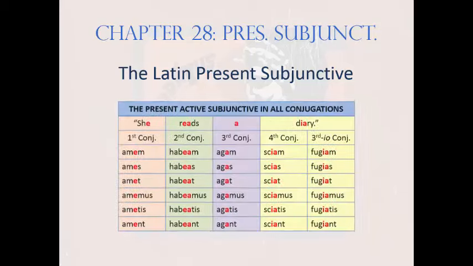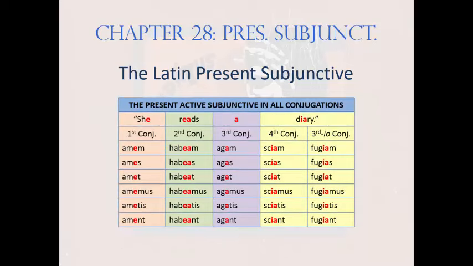Here's a chart. Love charts. Showing a representative verb from each conjugation in its subjunctive form. She, amem, ames, amet; reads, habeam, habeas, habeat; agam, agas, agat; diary, sciam, scias, sciat; and fugiam, fugias, fugiat.